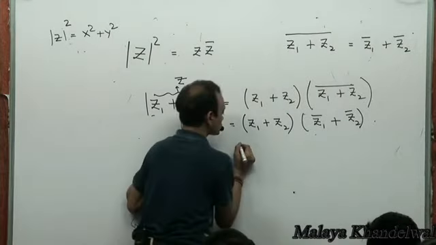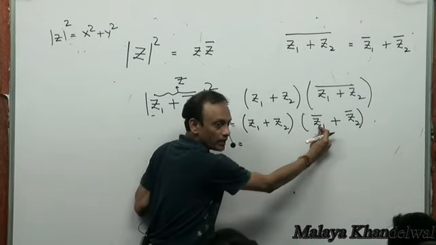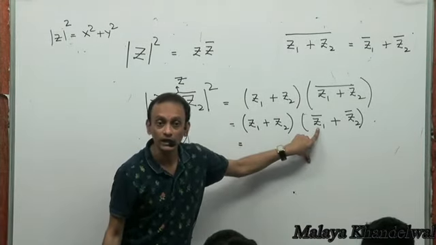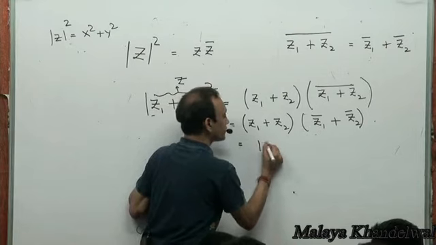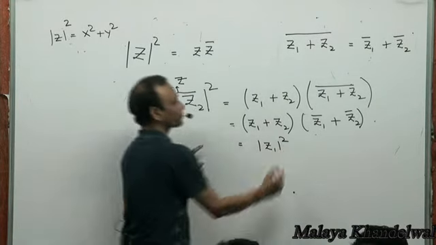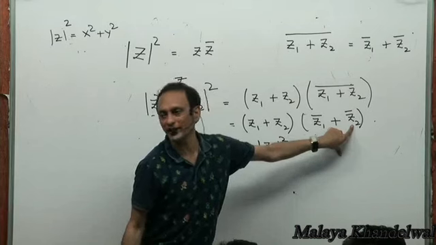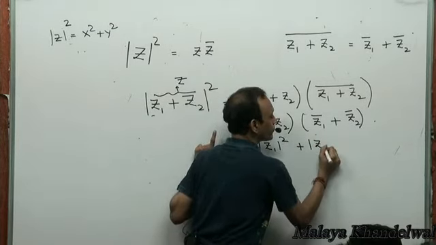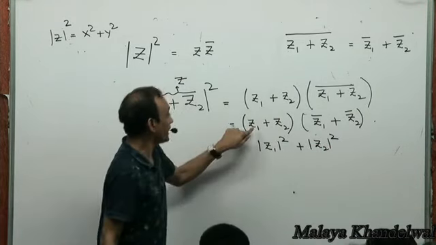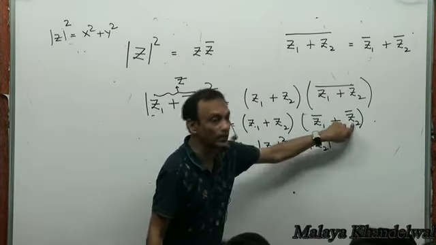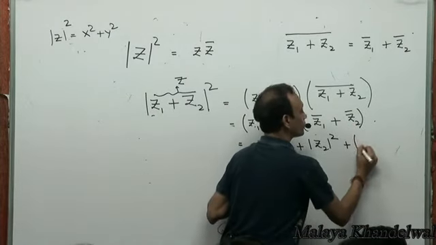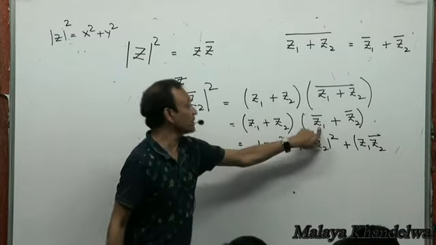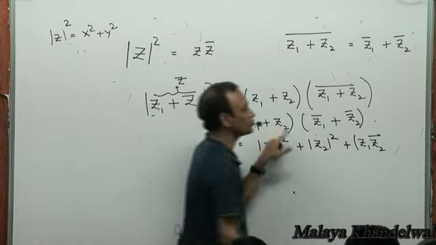Now, z1 into z1 bar is mod z1 squared. Yes or no? z2 into z2 bar is going to be mod z2 squared. Then I have z1 into z2 bar plus z1 bar into z2. Yes or no?